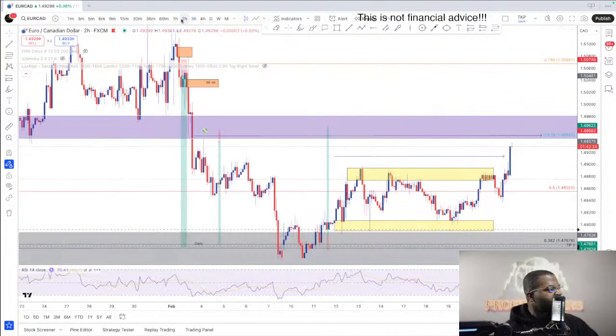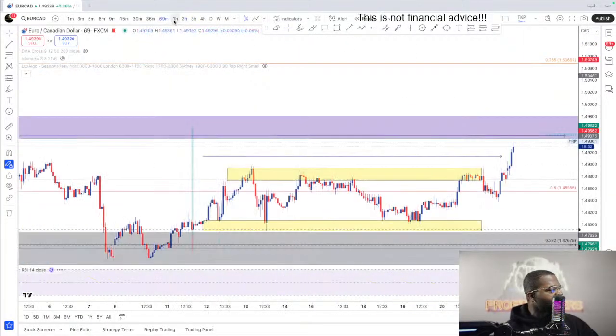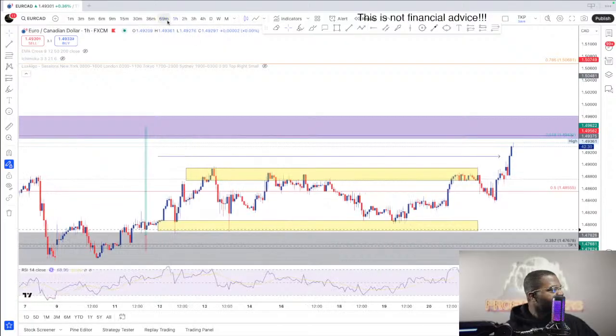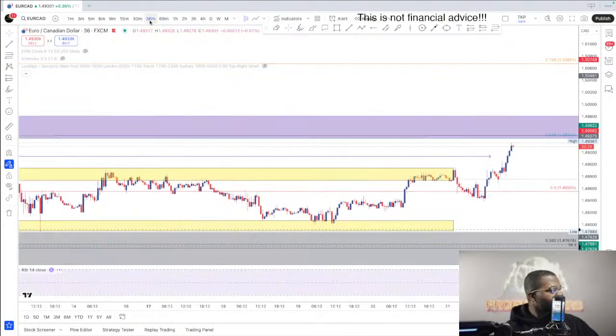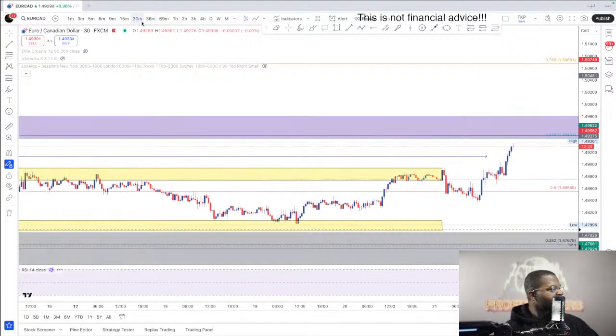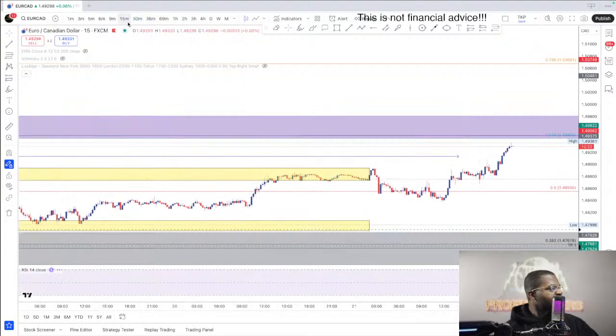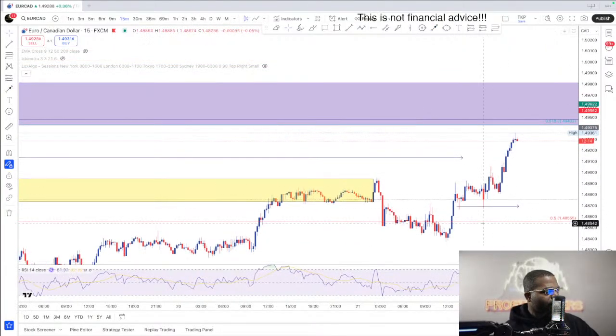But what we want to do is just pay attention to that level. Got some lows right there that need to be broken.